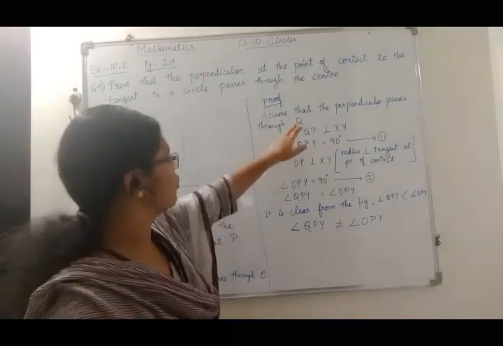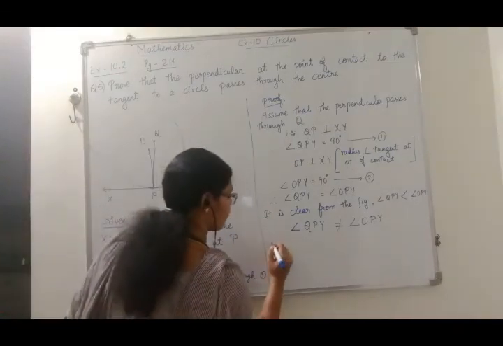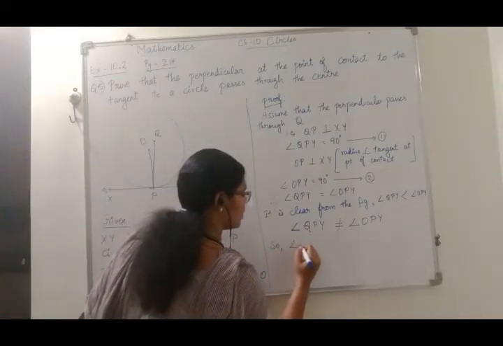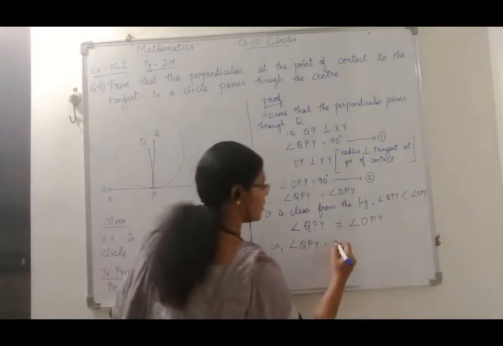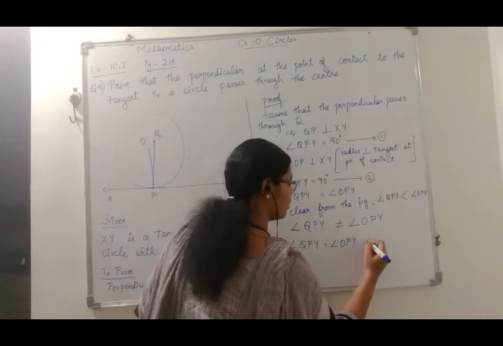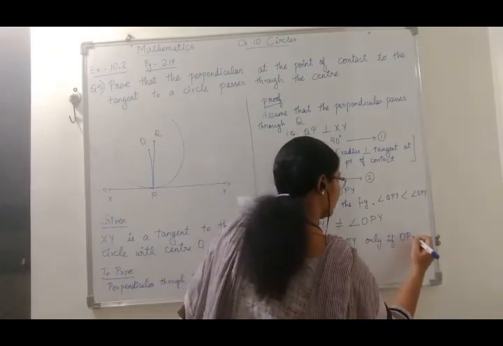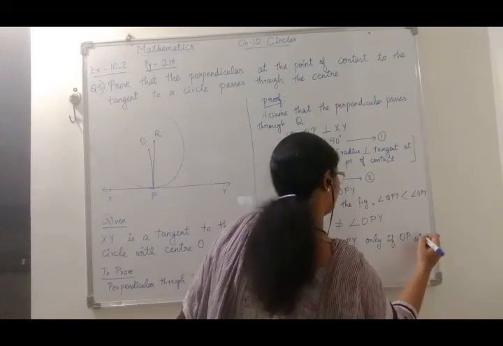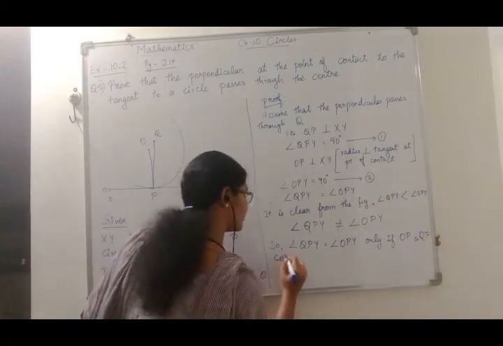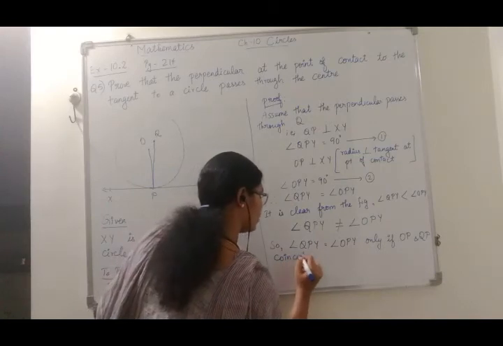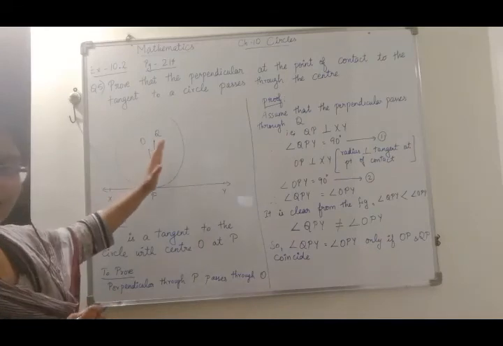So that means Q and O are the same. So they will be equal. That is what we have proved, isn't it? They will be equal only if OP and QP coincide. Coincide means they are the same. So OP and QP are the same.